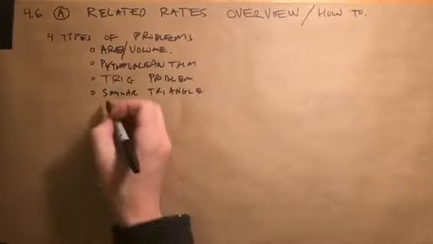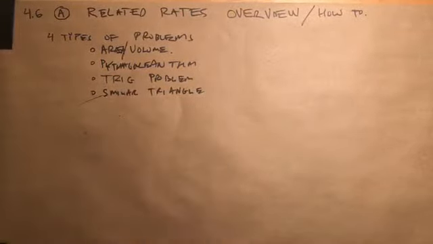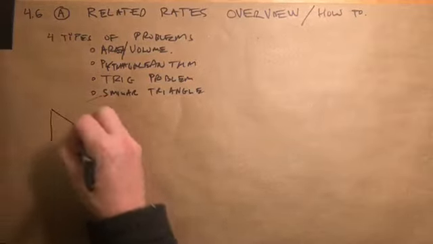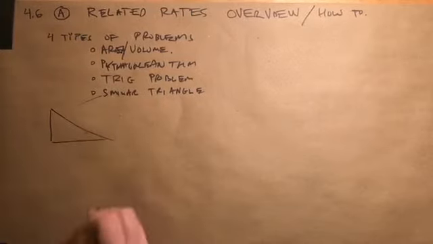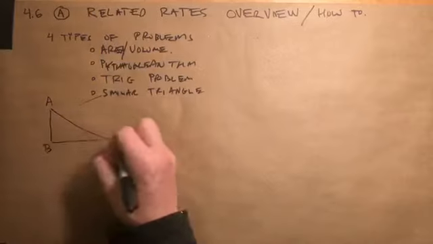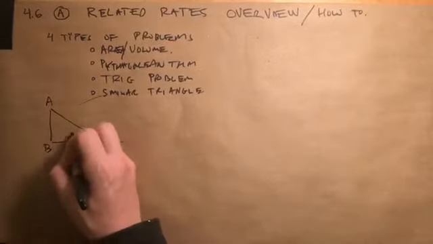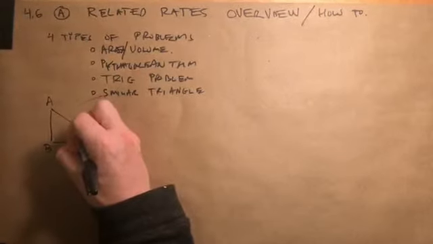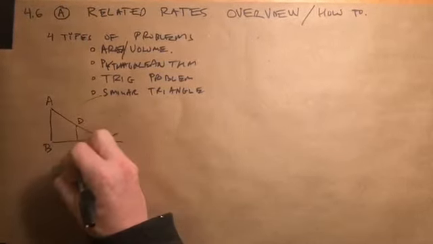Now, similar triangles, I think there's a little bit of a lack of remembering about what they are. So if I have two triangles, I'm going to call this triangle ABC, and I'm going to have a similar one that's going to be nested inside, and I'll call this DEC.